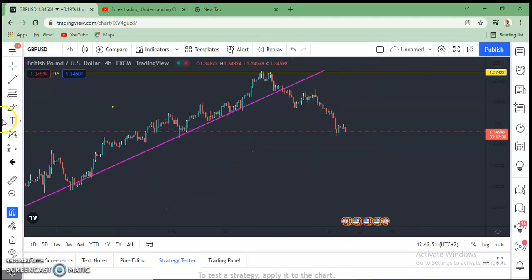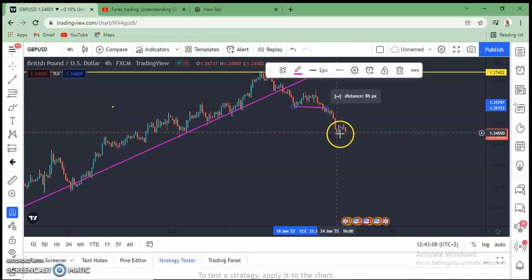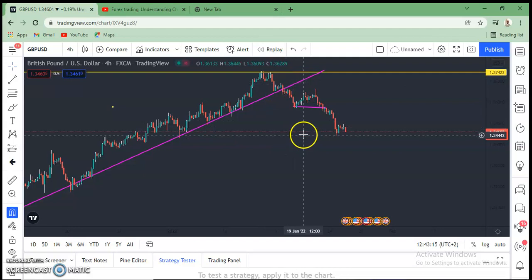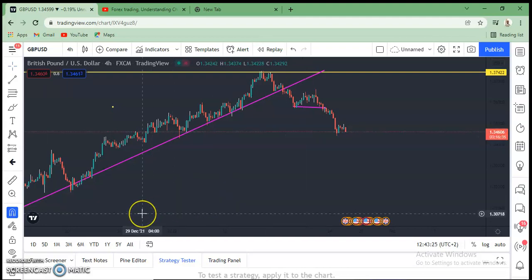So we have strong evidence to sell this market, and we could have sold it at this point. From here to here, we could have made money. So that is how we use support and resistance. It's not a complicated thing. You just need to practice it several times, and you will realize that it's not actually very complicated.